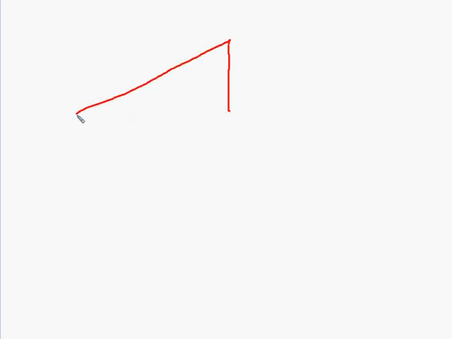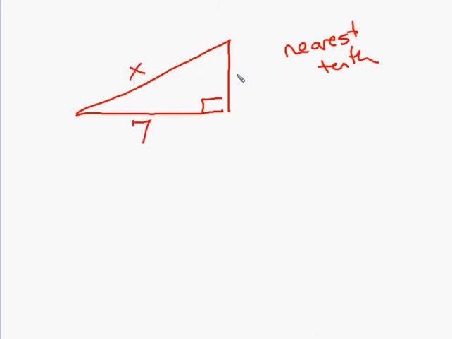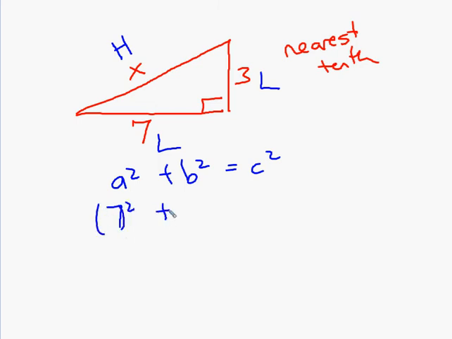Let's do another example. This one we'll just do to the nearest tenth. Okay, so set it up. X, hypotenuse or leg? Say, that's a hypotenuse. Someone else. Leg, 3 and 7. So I fill in my formula. 7 squared plus 3 squared equals x squared.